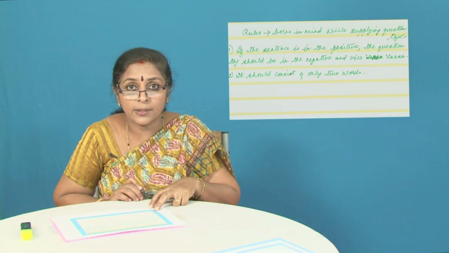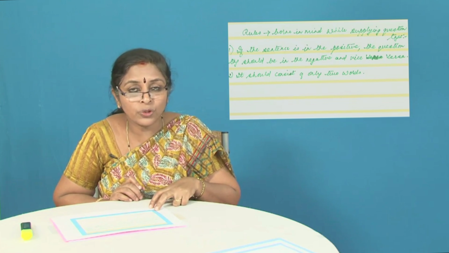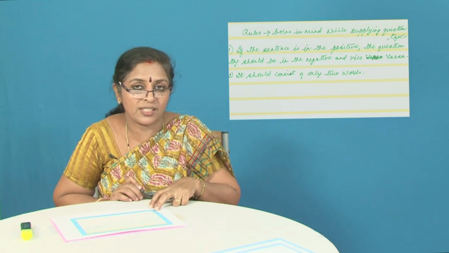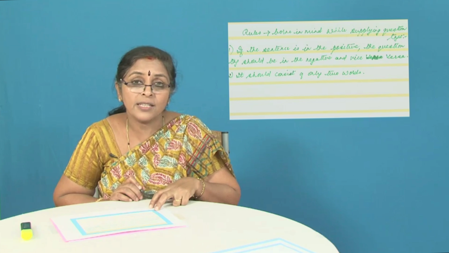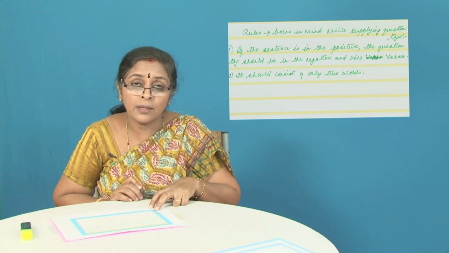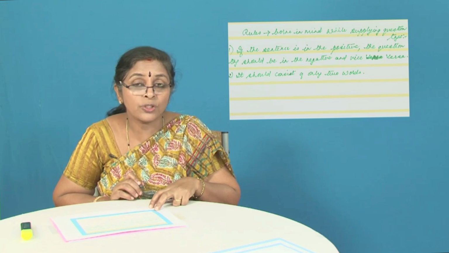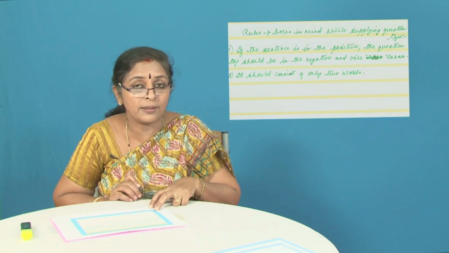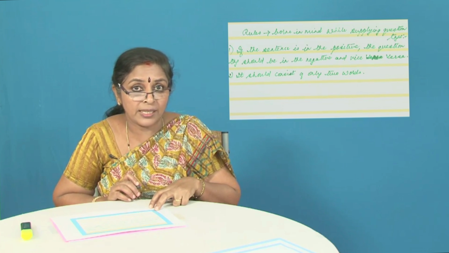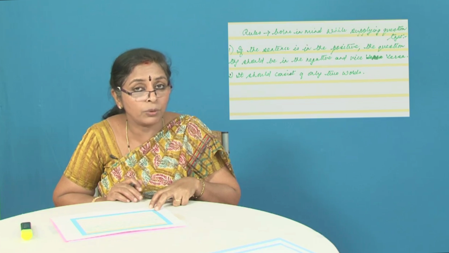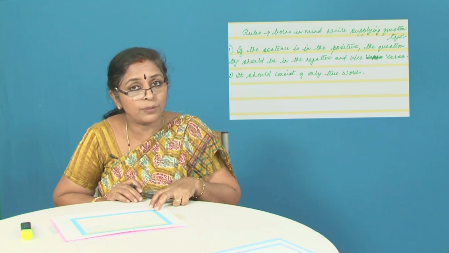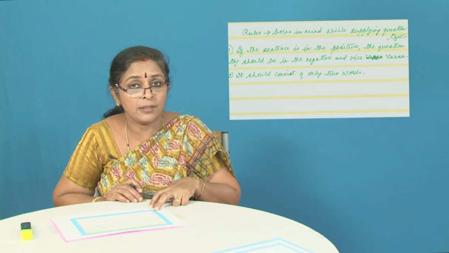The reason is, if it has more than 2 words, then it may not be a question tag, it may become an interrogative sentence. That's the reason why you need to have only 2 words if you want to consider that as a question tag. If you have 3 or more than 3 words, then it is not going to be a question tag. It is going to be an interrogative sentence which is asking you an answer.